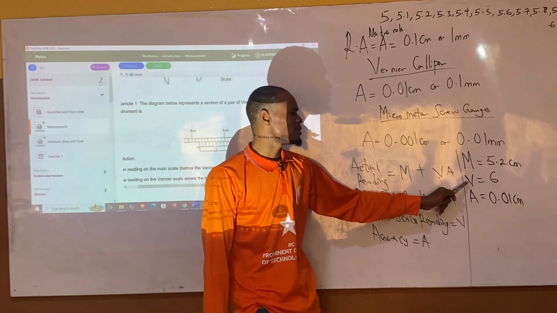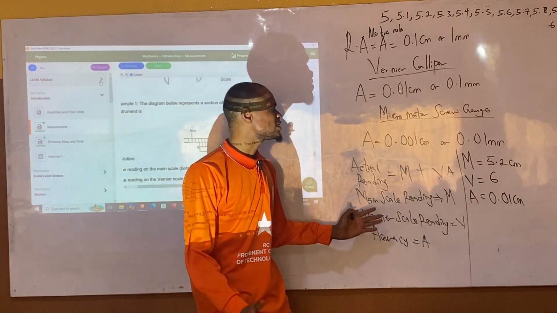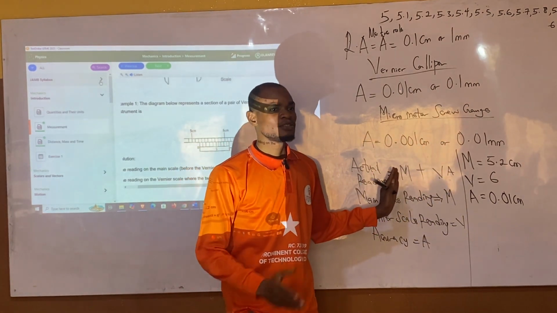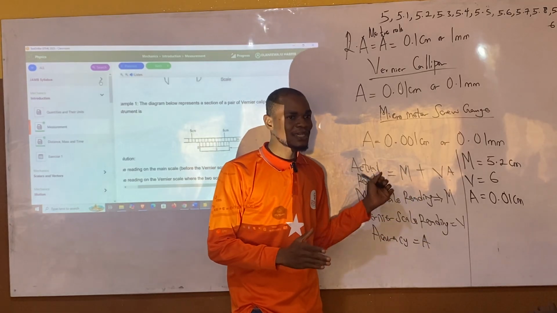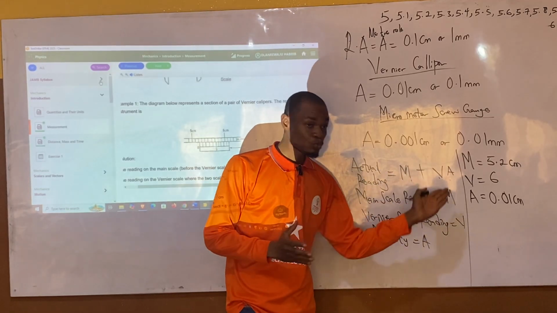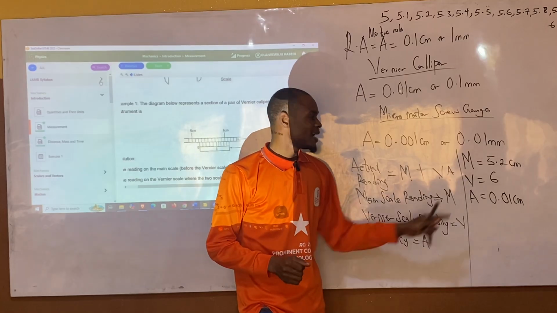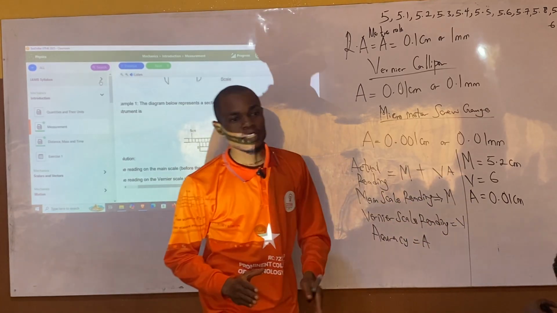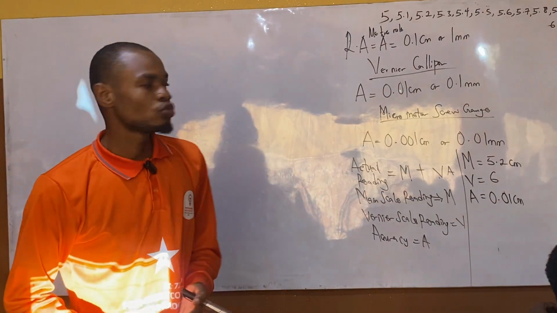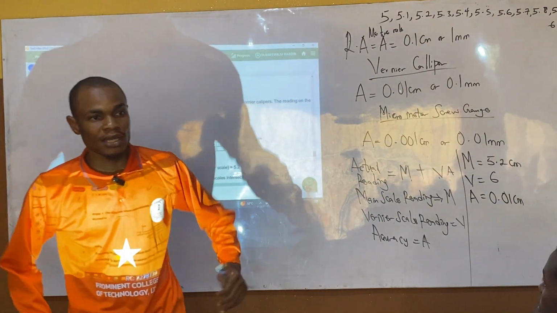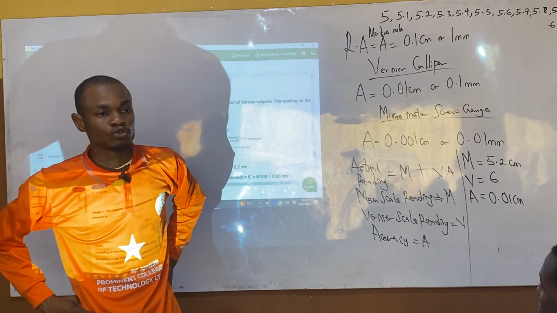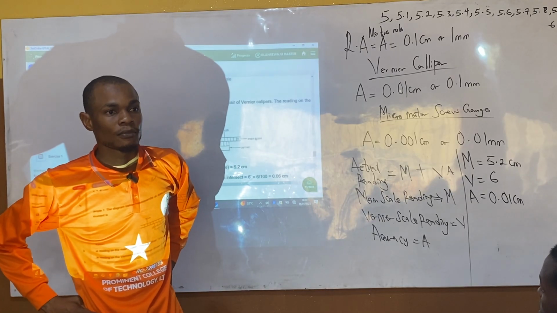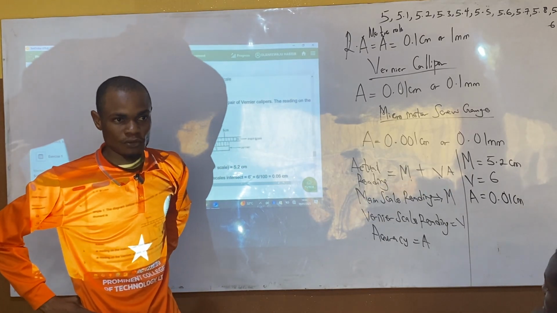I know my M, I know my V, I know my A. I'm looking for the actual reading and you are given a formula. You know everything you need to get the actual reading. Nifemi, what will I do with this formula? What will I do to get the actual reading on my vernier caliper? What's the step to take now?